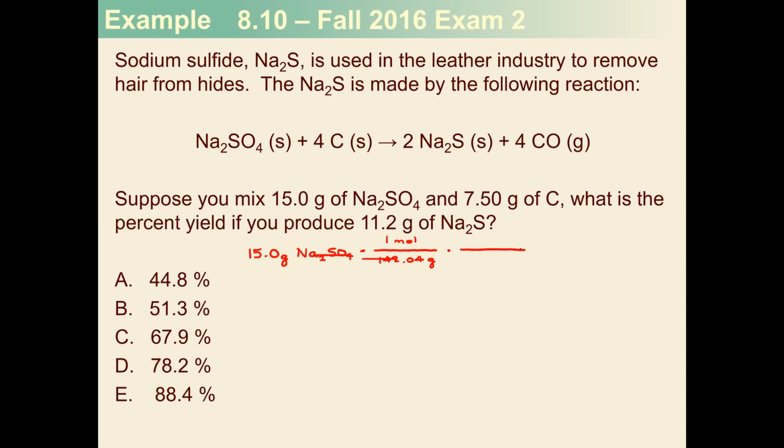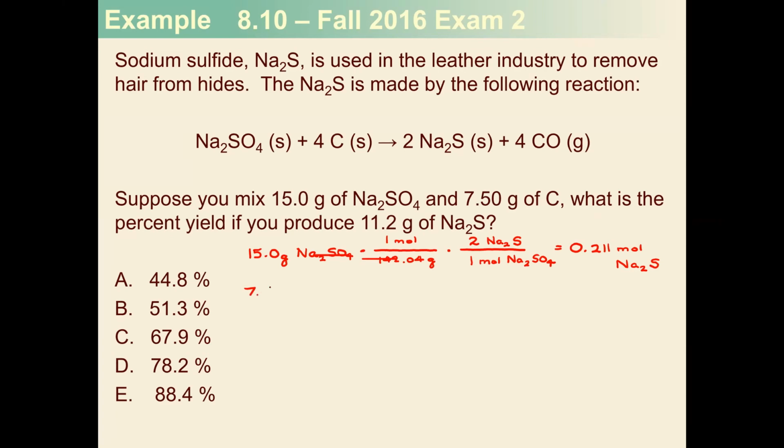Then I need to go to my balanced chemical equation, and you will see that I get 2 Na2S for every 1 mole of Na2SO4. And this will give us an amount of 0.211 moles of my Na2S.